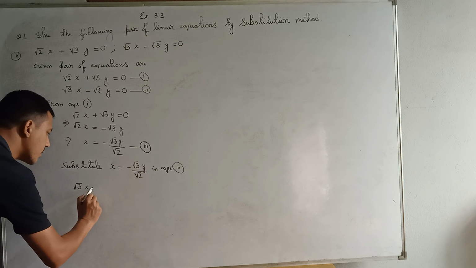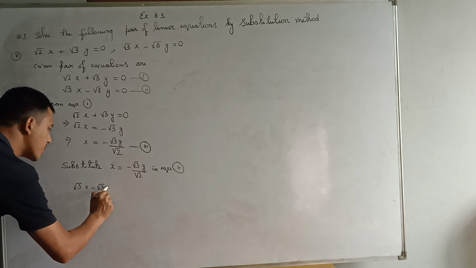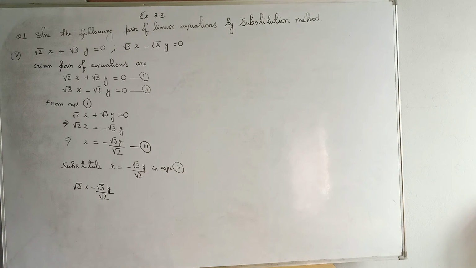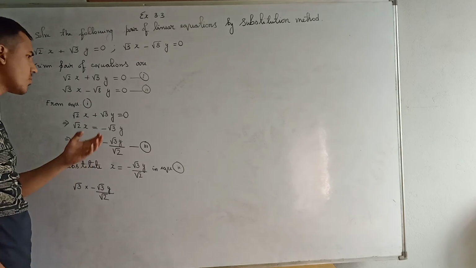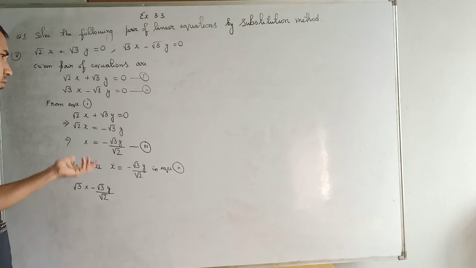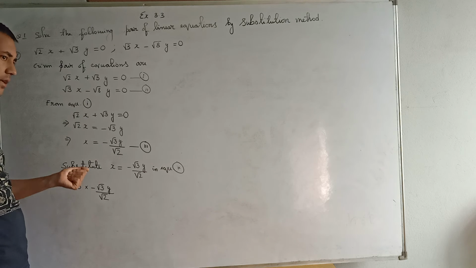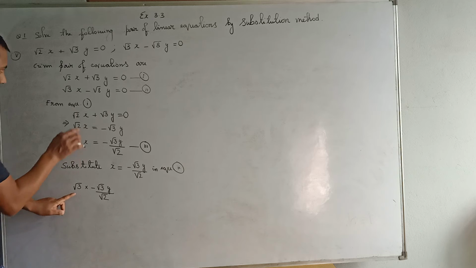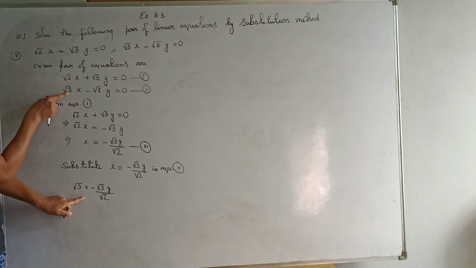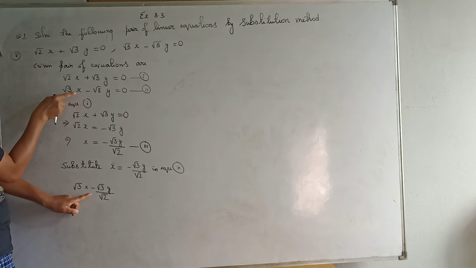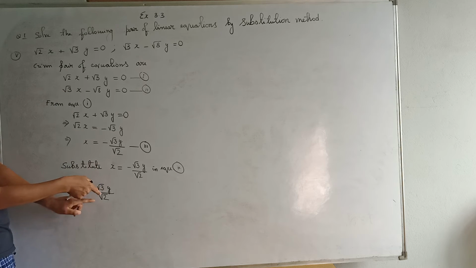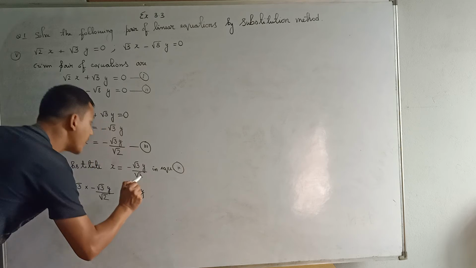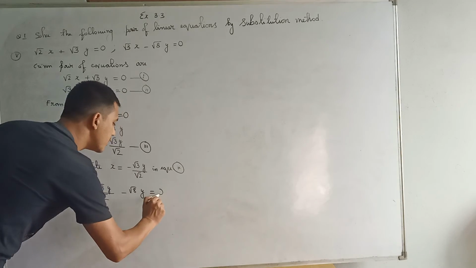What is your x? Minus square root of 3 times y upon square root of 2. Minus square root of 8y is equal to 0.